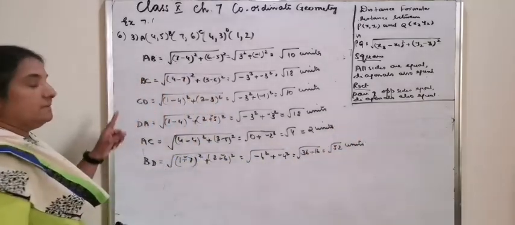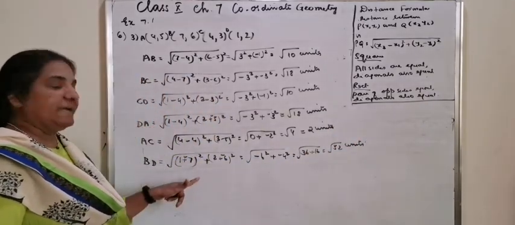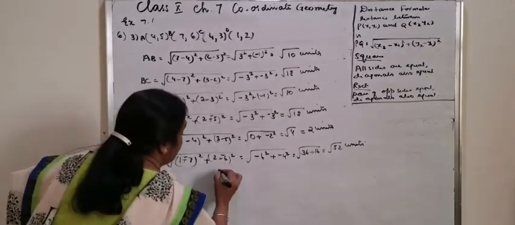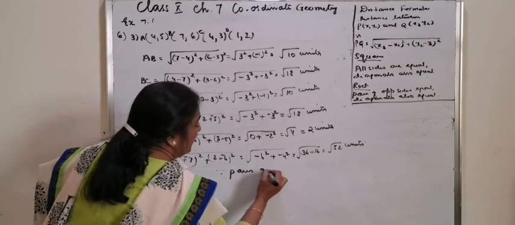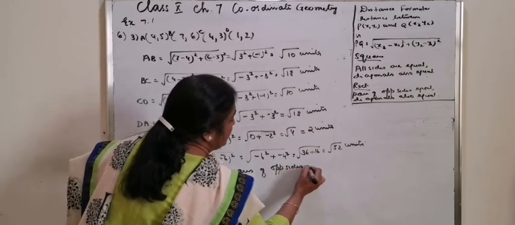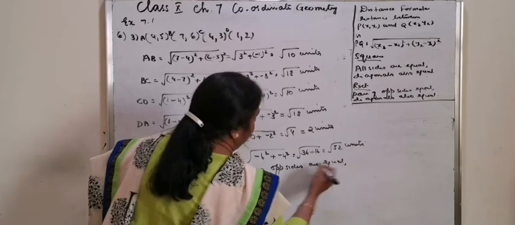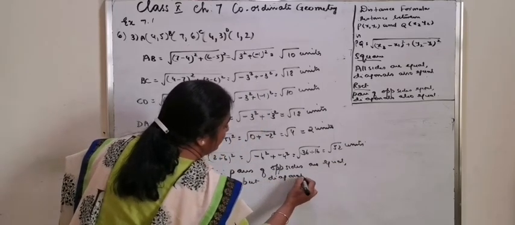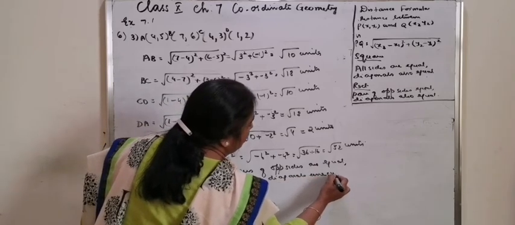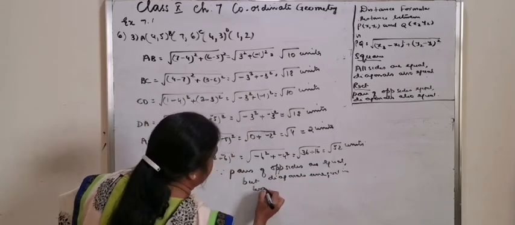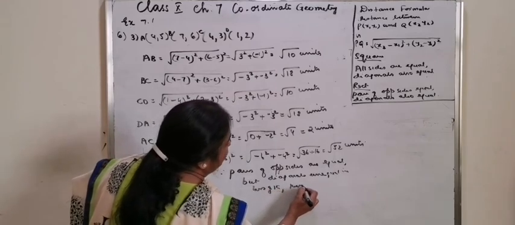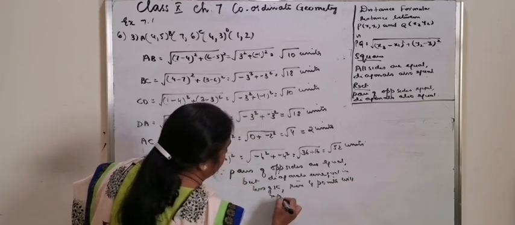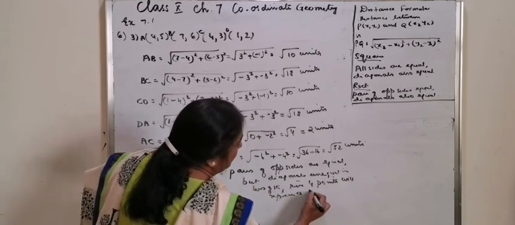Now you see, pairs of opposite sides are equal but the diagonals are not equal, therefore these 4 points will represent a parallelogram. Since pairs of opposite sides are equal but diagonals are unequal in length, these 4 points will represent a parallelogram.